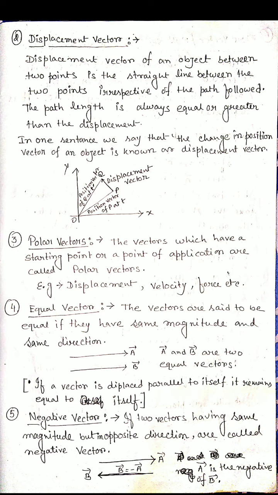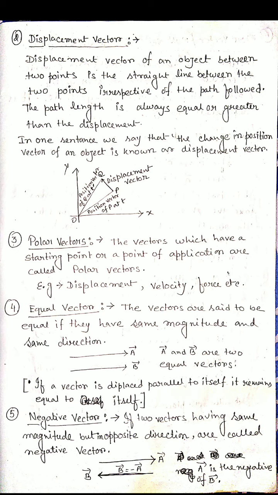In this figure, you see that vector A and vector B are opposite in direction but their magnitudes are the same. So we can say that B equals minus A.